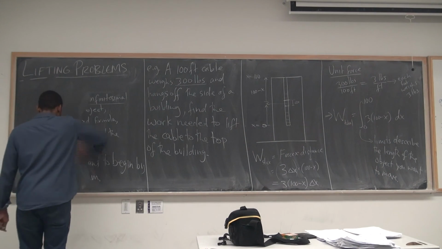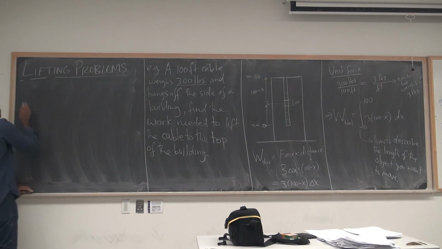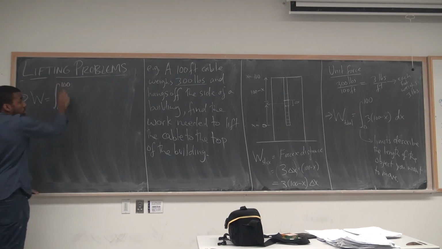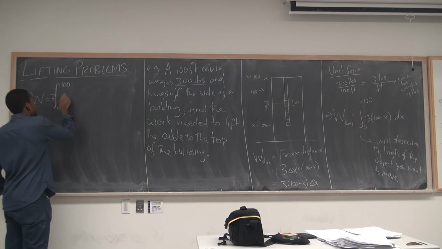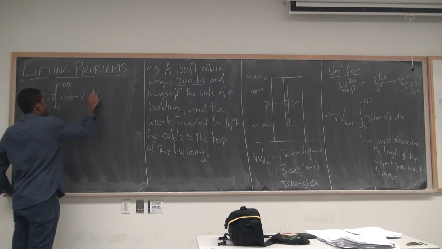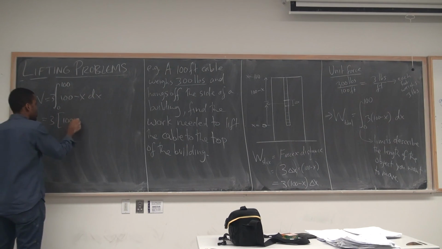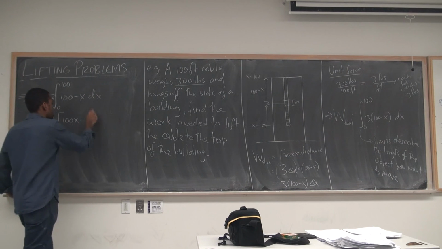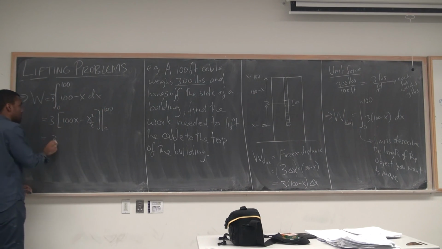So what is the work here? It's the integral from 0 to 100 of 3 times 100 minus x. So that's going to be 3 times 100x minus x squared over 2, from 0 to 100.